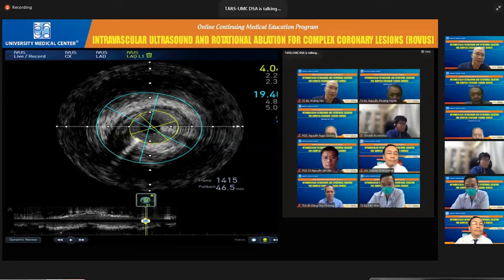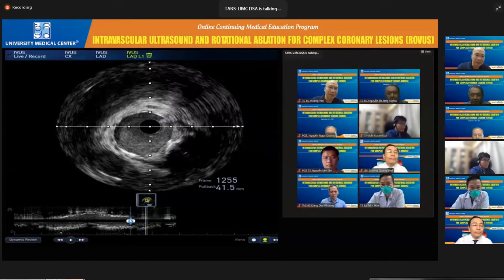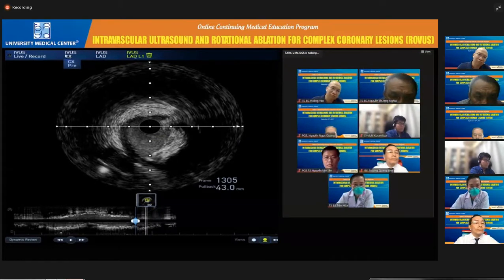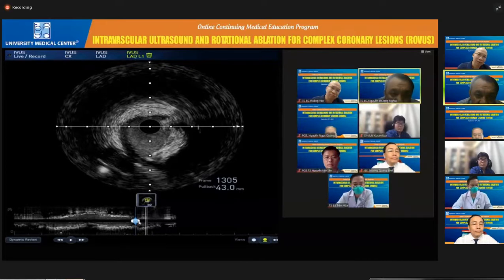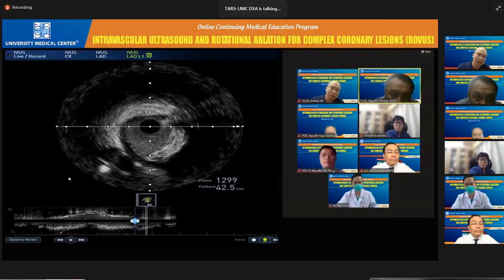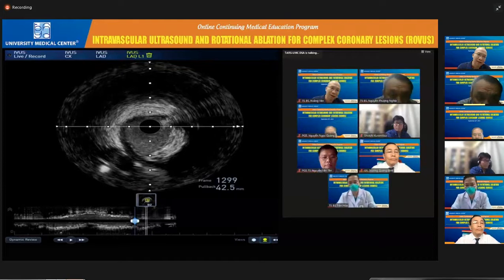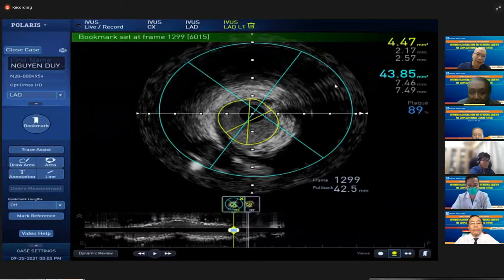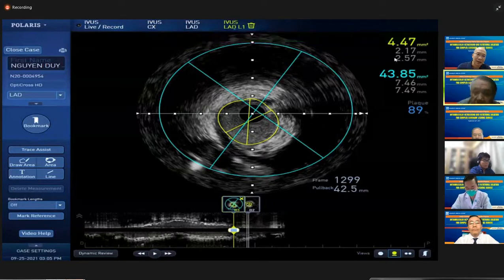Okay, Dr. Nghĩa, I will show you the MLA of the circumflex ostium and the MLA of the LAD ostium. So you see the left circumflex. This is the LAD. Ostium left circumflex, LAD, left circumflex. This is LAD. Yes. Okay, very good. It's 4.5 mm square. And how about the circumflex?